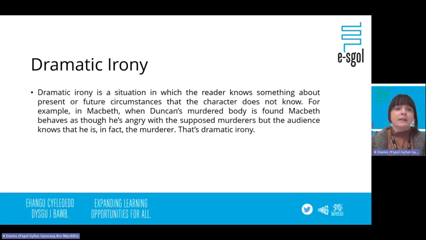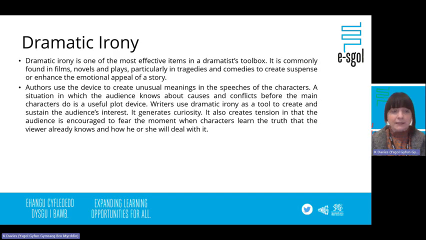For example, those of you familiar with Shakespeare's Macbeth, when Duncan's murdered body is found, Macbeth behaves as though he's angry with the supposed murderers. But interestingly, it's us as an audience that are very much aware of the fact that he is the one that did in fact kill Duncan himself. So that is what we class essentially as dramatic irony, okay?